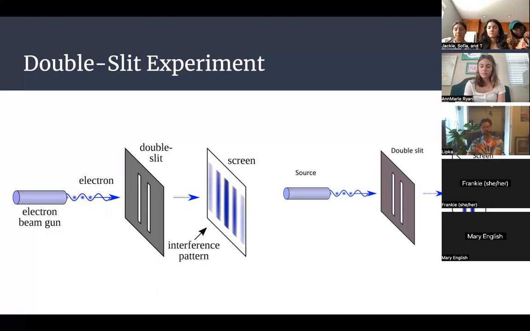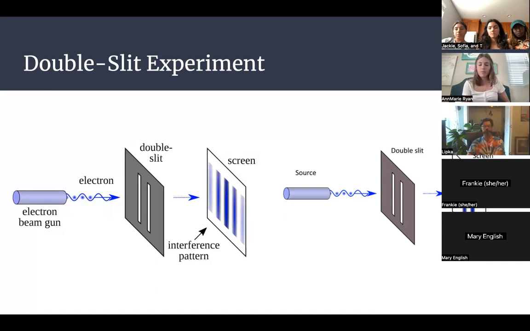So that's what you'd expect to get if electrons, or technically photons, are particles. In this scenario, if electrons are particles, then they're just going to make two lines when you shoot them through two slits, because that's what a particle would do.